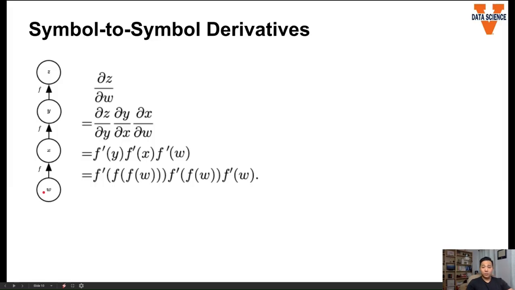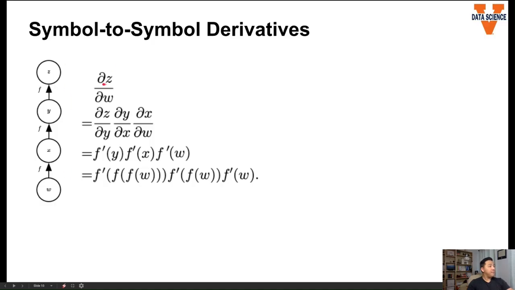But thanks to calculus, we have the chain rule, and the chain rule says that you can calculate the derivative with respect to some variable by establishing a chain from one variable to another variable that you want to take the partial derivative with respect to.